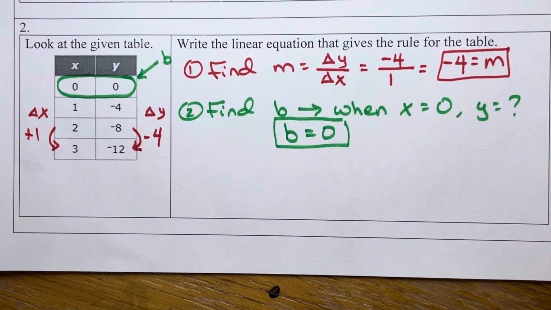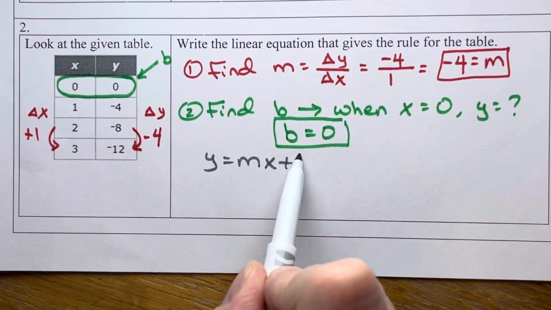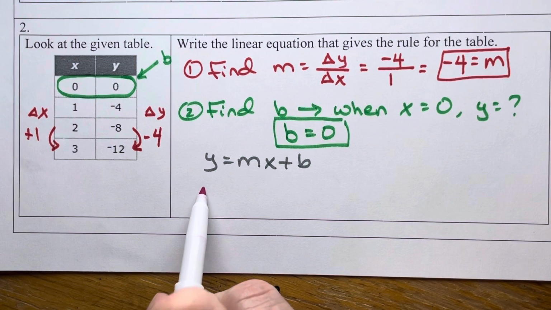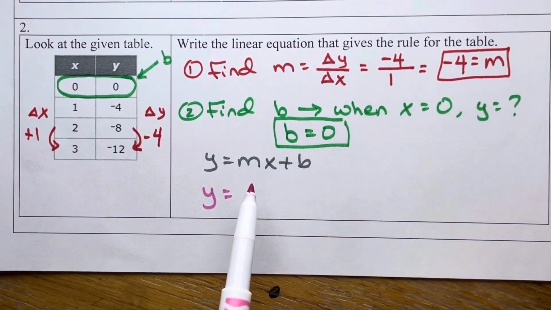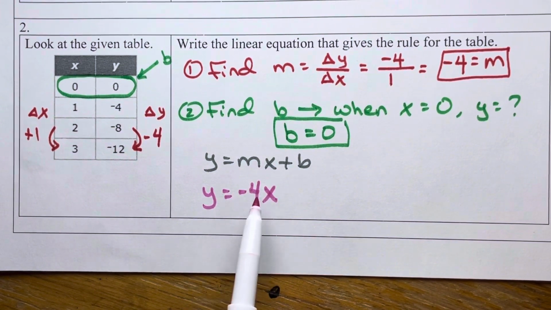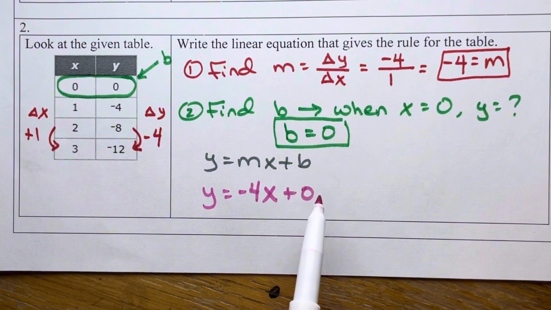Now we have all the information that we need to write our equation as y equals mx plus b, the slope-intercept form of an equation. So let's do that. Y equals, our slope, m, is -4, times x, because it's the variable that you use, plus b, where b happens to equal 0.